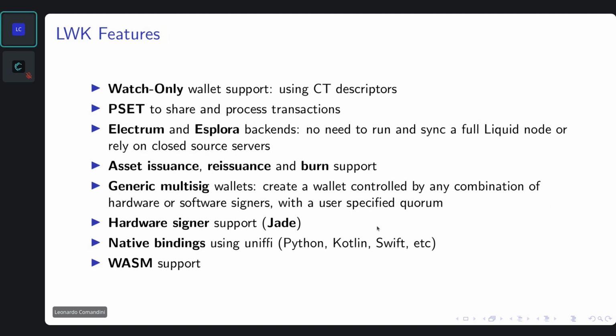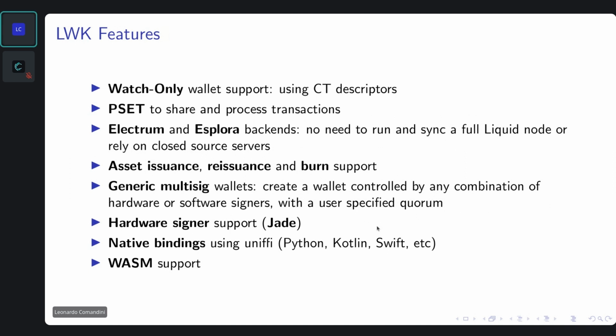Then we added support for the asset lifecycle management of issued assets. So you can do issuance, reissuance, and burn transactions within LWK, and we have support for that also for hardware signers.